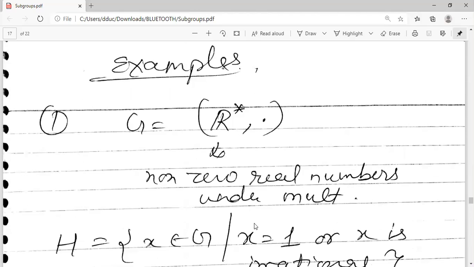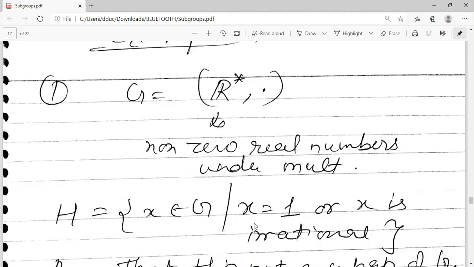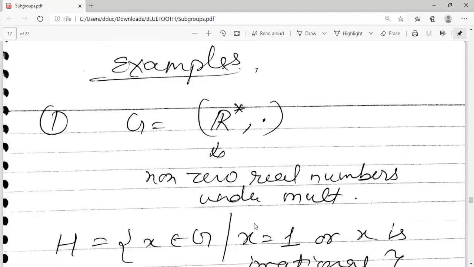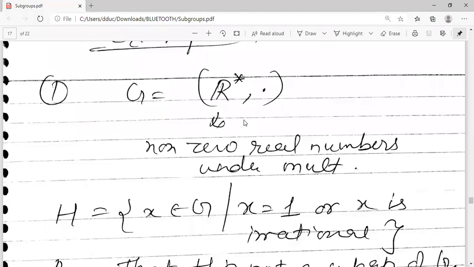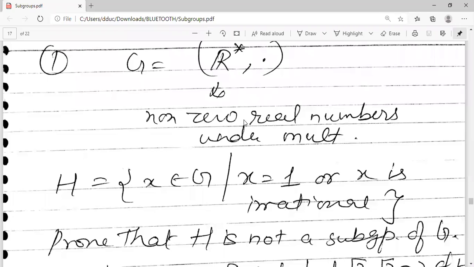Now let us see some examples of subgroups and apply some tests. Number 1: this is the group G where you have all the non-zero real numbers under multiplication. So R star, the non-zero real numbers under multiplication, is your G, and there is some subset H: all those elements of G such that X is equal to 1 or X is irrational.